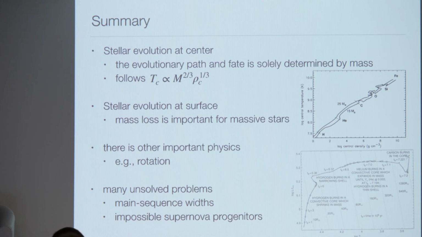But even in the latest stellar evolution theory, in which we take into account the latest physics, there are many unsolved issues. For example, the main sequence is not well understood, and many supernovae seem to be exploding, whereas the stellar evolution theory I have discussed doesn't predict it. Basically, that's it, and I will take questions.